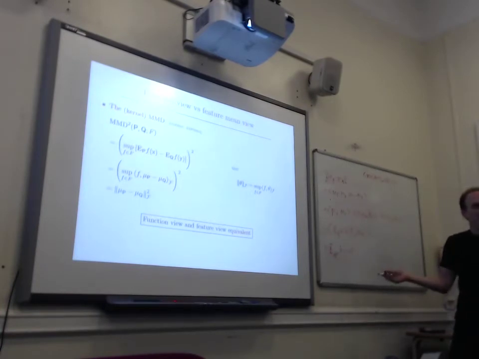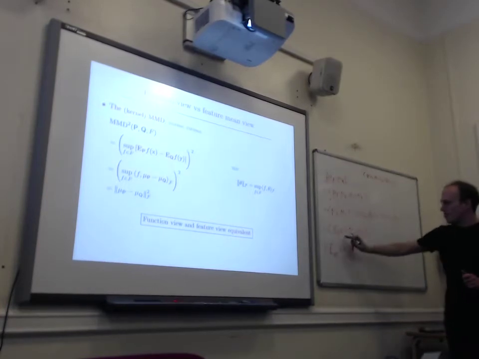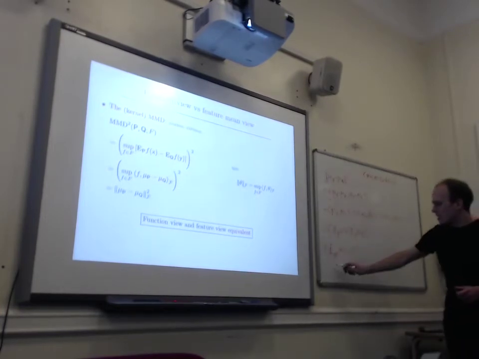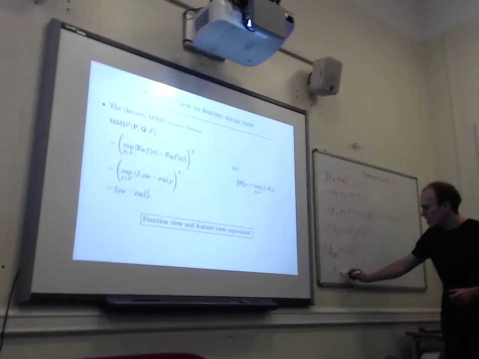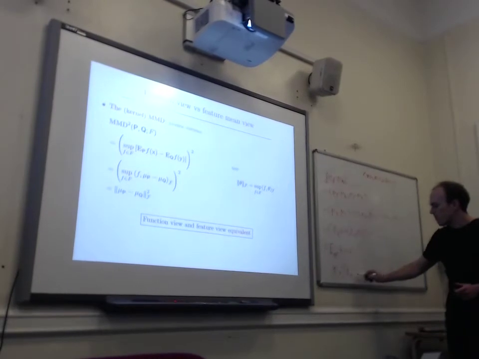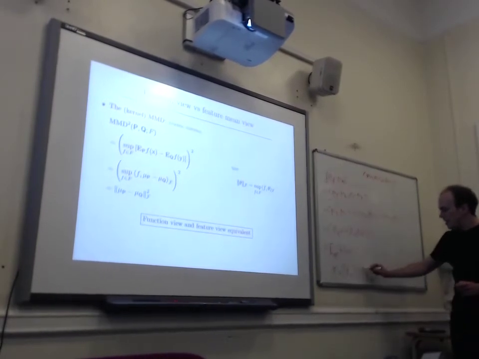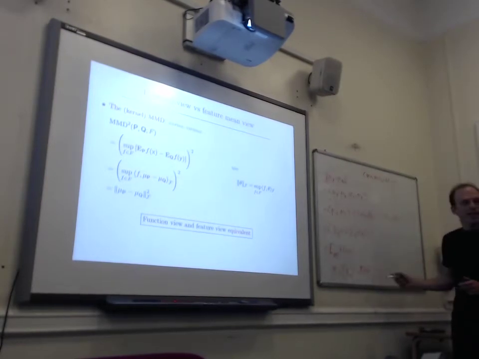P dash means that X dash, which has distribution P dash, has the same distribution as P, but is an independent copy. The reason for this: imagine a very simple example where the feature map of X is just X. Then this would be the expectation of X times the expectation of X, which would be the expectation of the product of X and an independent copy of X. But it would not be the expectation of X squared, because the expectation of the product of the means is not the expectation of the square of the variable.